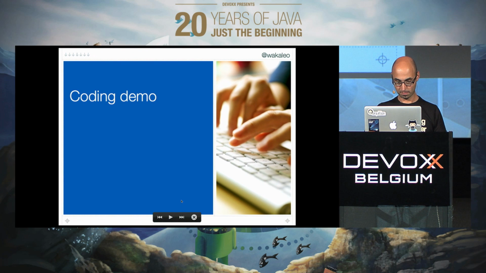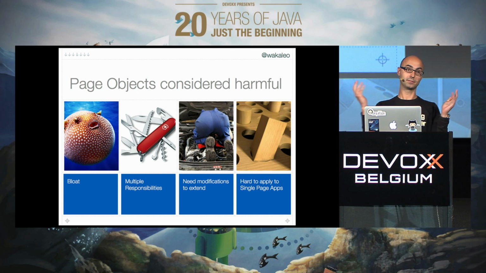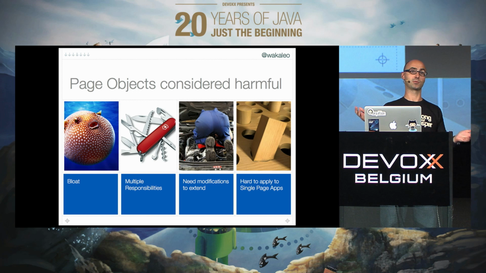But this is okay. Probably most of you, if you are using page objects, will notice that page objects become bloated classes with a lot of logic dealing with web elements by searching for CSS elements and so on. Also, your page objects will have multiple responsibilities.